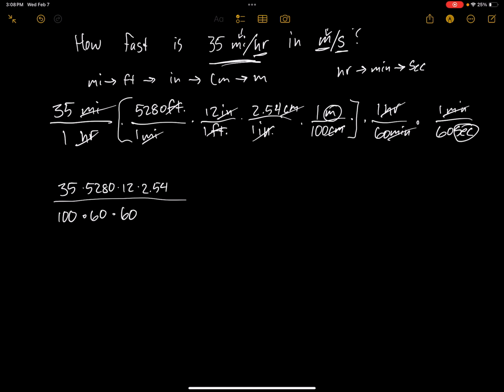Now again, I need to make sure that if I'm plugging this on my calculator, I need to do the whole thing in parentheses like this, or my calculator will read it incorrectly. So I'll go ahead and put this in my calculator real quick. And I have that equaling 15.646. Okay, and the units are meters per second, which is excellent.